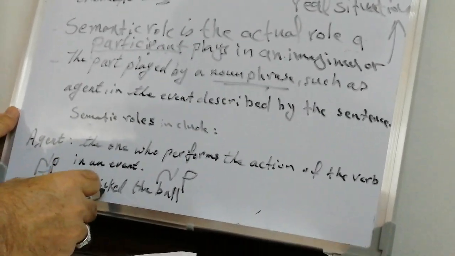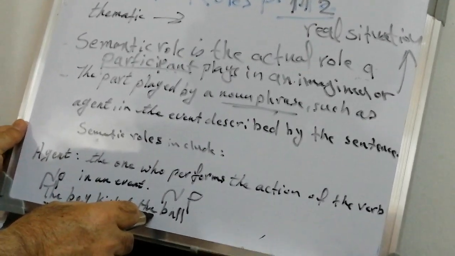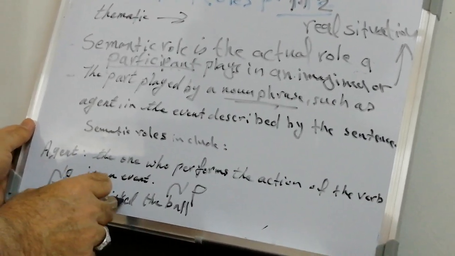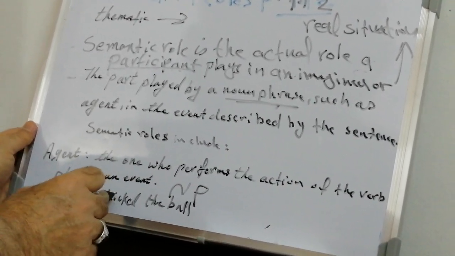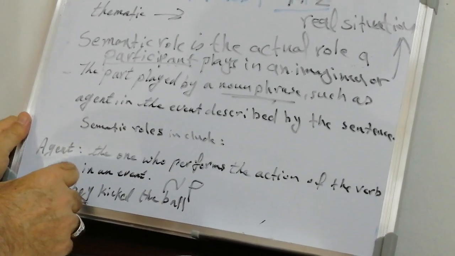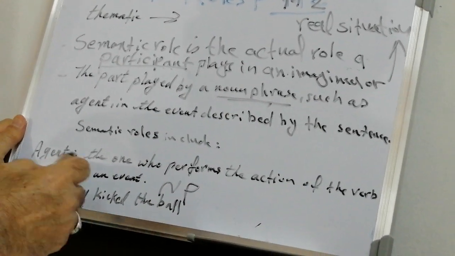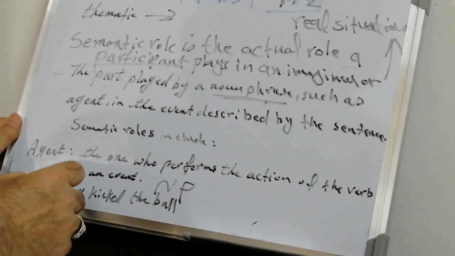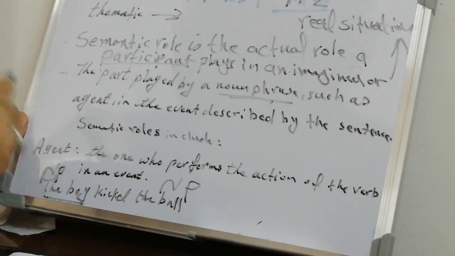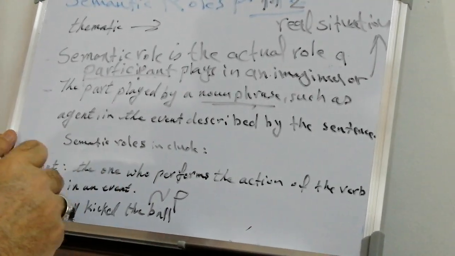The boy kicked the ball. So who did the kicking? The action of kicking is done by the boy. So what do we call the doer of the action? Agent.